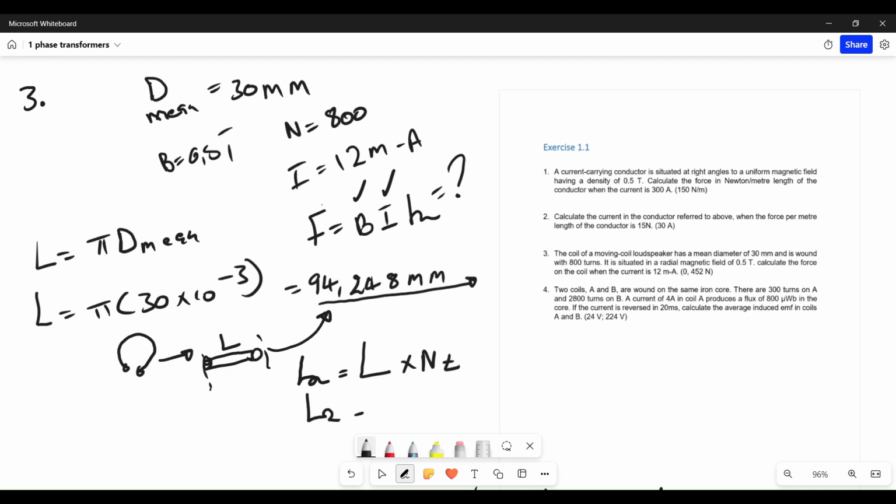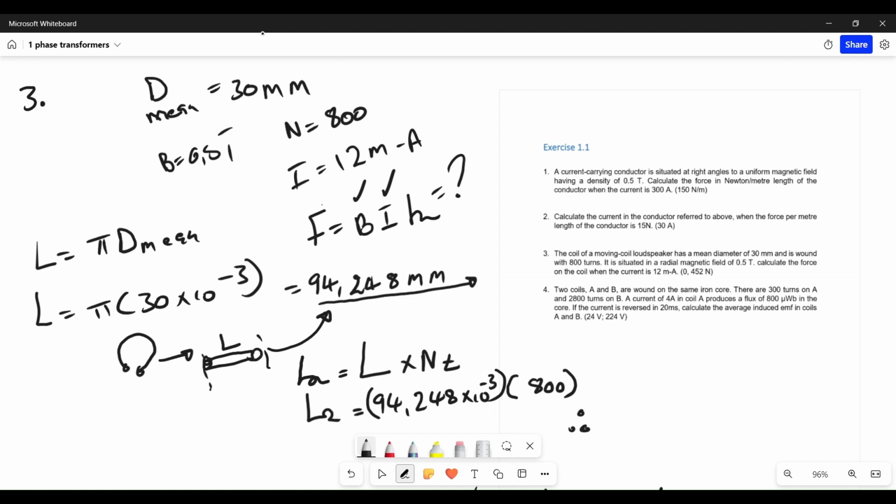So this L gives us 94.248 times 10 negative 3 into 800.